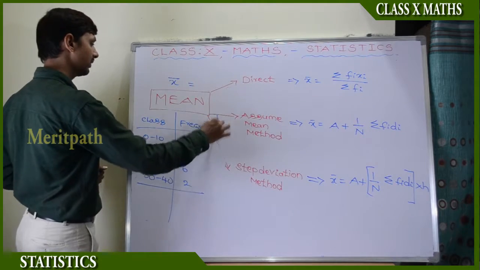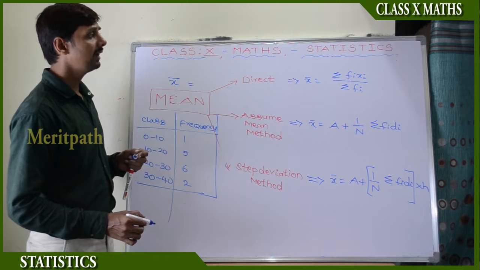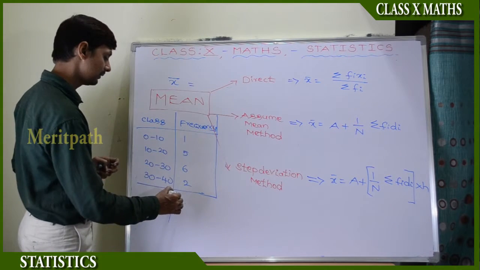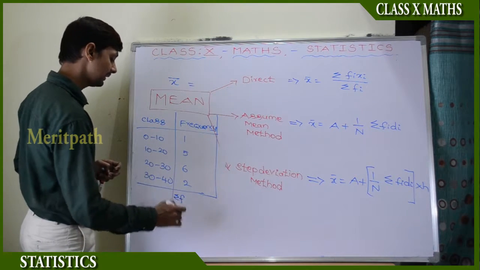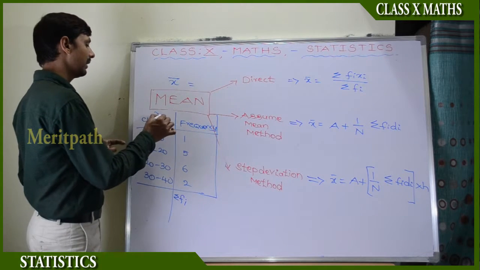When we take these observations, let's find sigma fi, the sum of the frequencies, and xi.